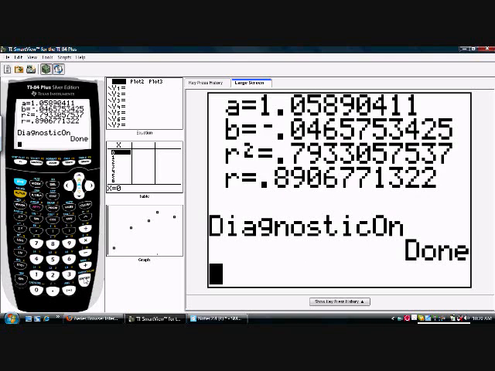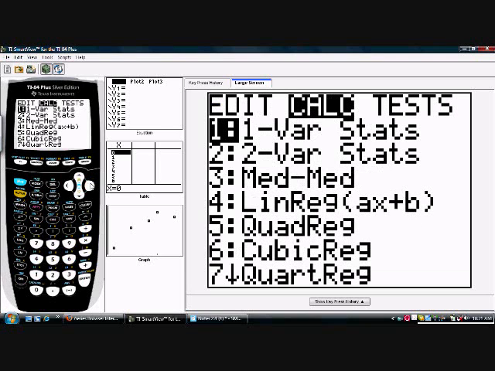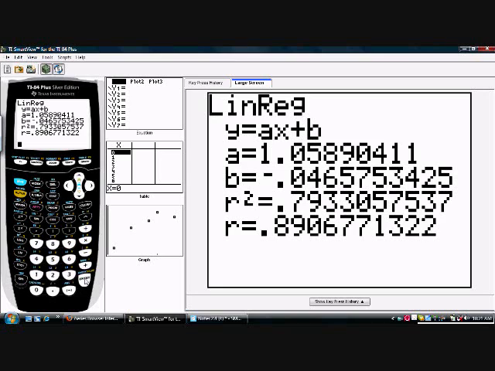Done. Now we need to run the regression again. Let me see if I can get mine. All right, we'll go the easy way. Stat, calc, number 4, linear regression. Now when you hit enter, you should get the correlation number.